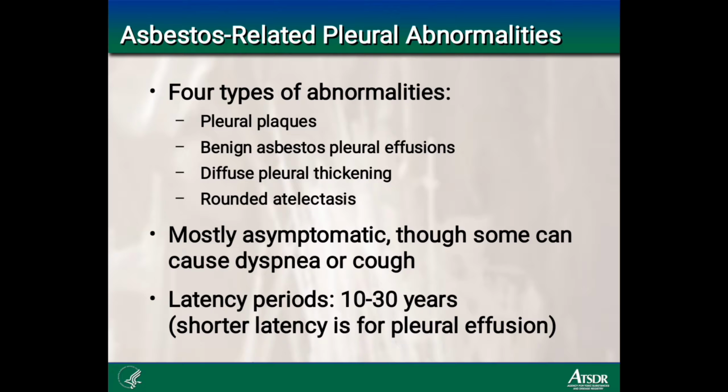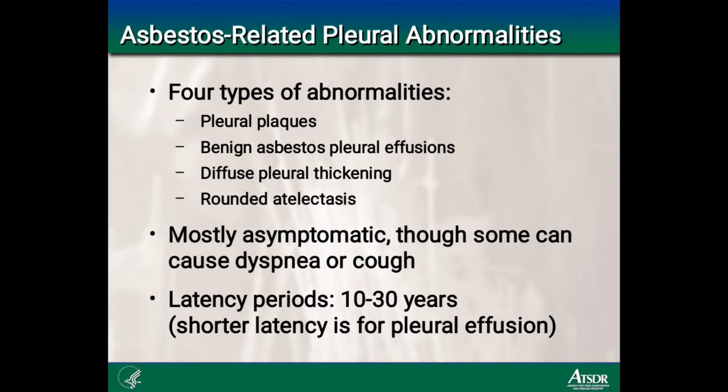Now, for the second part, we have asbestos-related pleural abnormalities. There are four types of abnormalities: pleural plaques, benign asbestos pleural effusions, diffuse pleural thickening, and rounded atelectasis.